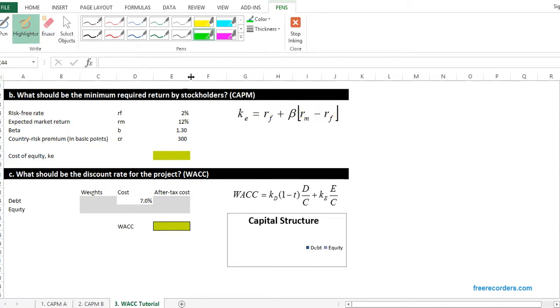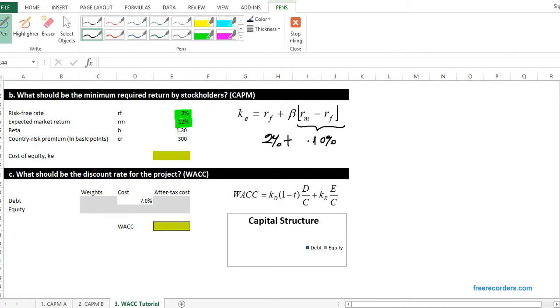In this case, we have a 2% risk-free rate, a 12% expected return on the market. Therefore, this is subjective again. We estimate that the market will, in the future, produce 10% more than the risk-free rate of 2%.